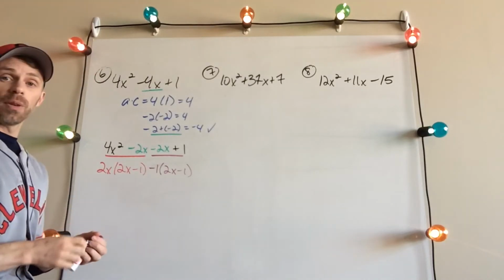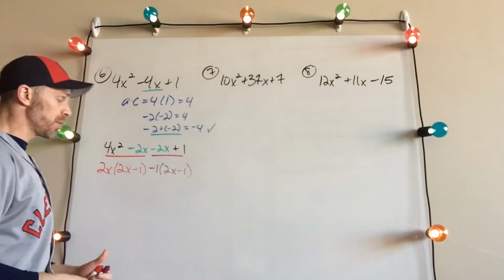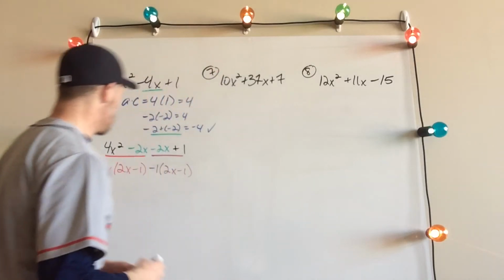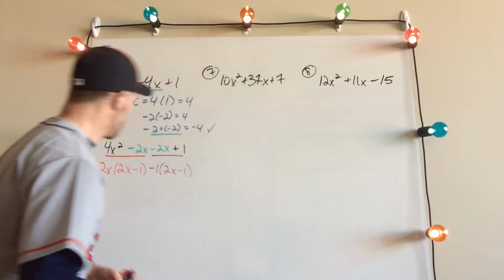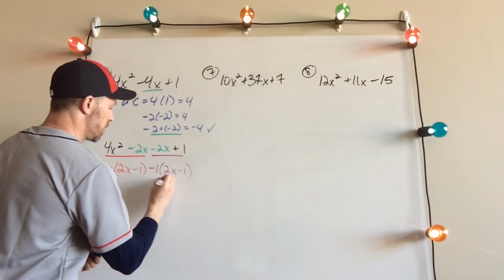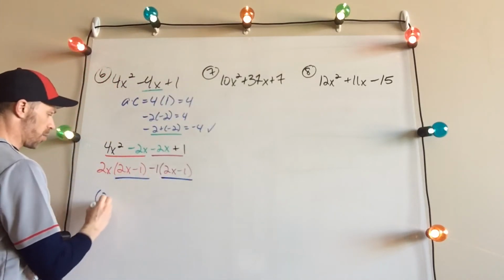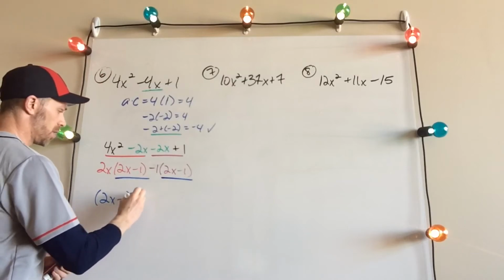And when we then take a look, both of our parentheses are the same. And since both of our parentheses are the same, we can take the parentheses and make it jump all the way to the front.